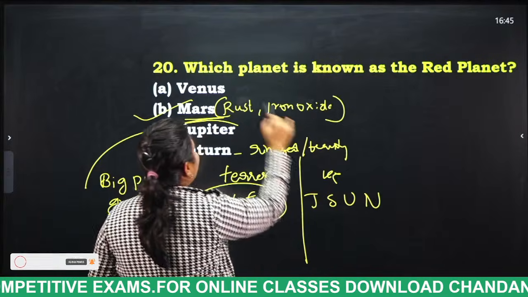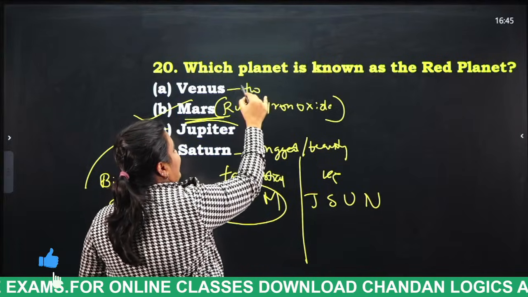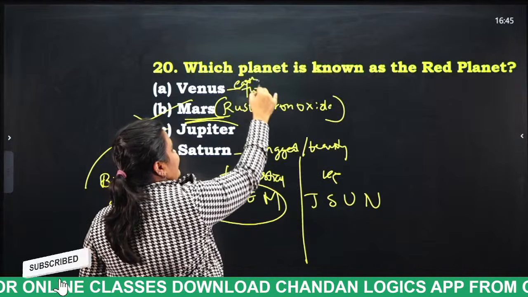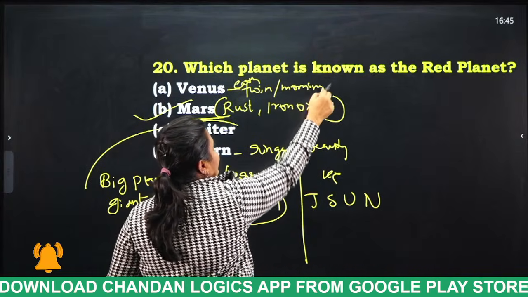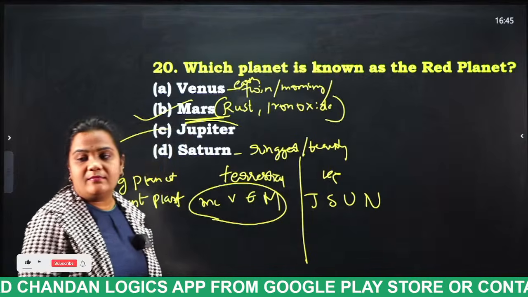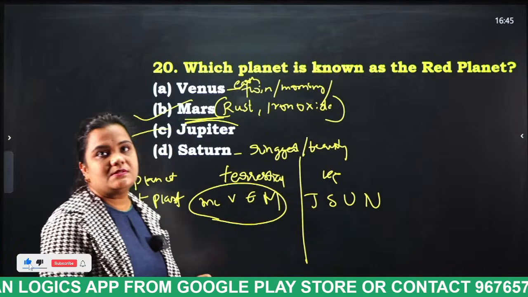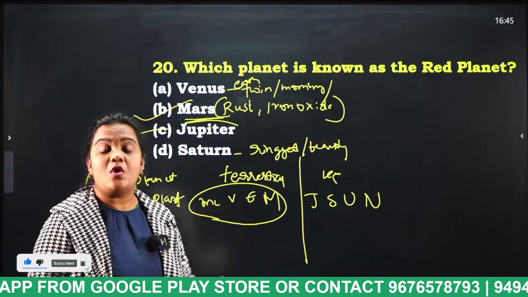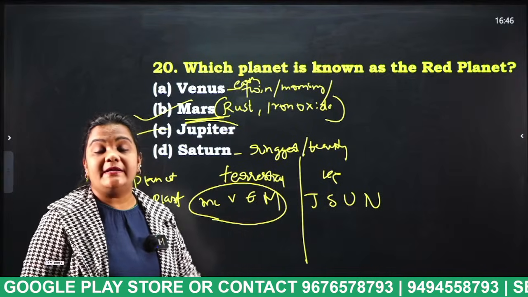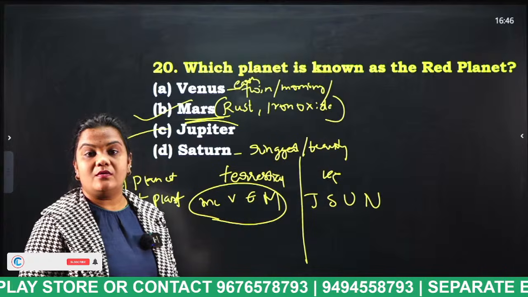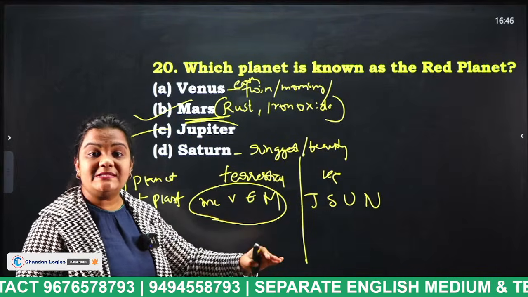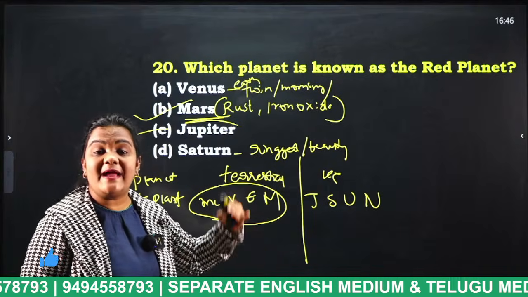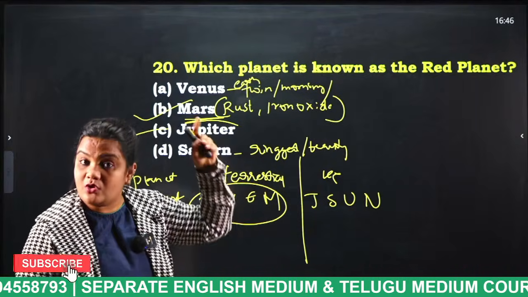Venus is known as Earth's twin, or the morning or evening star. Earth is known as the blue planet. Neptune is known as the big blue planet. Pluto was named a dwarf planet in 2006.